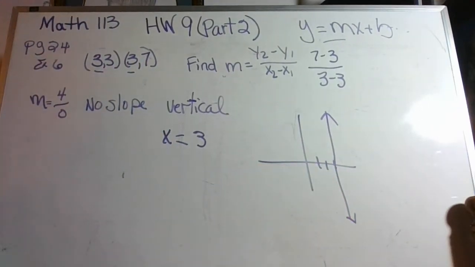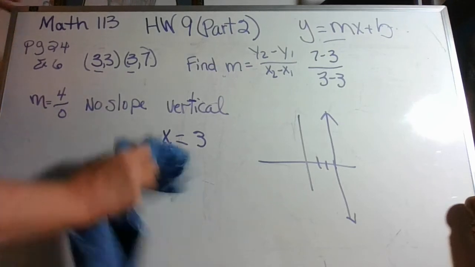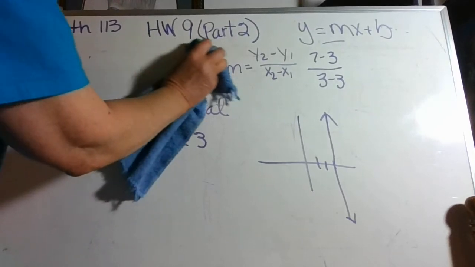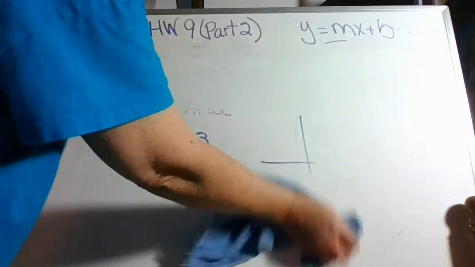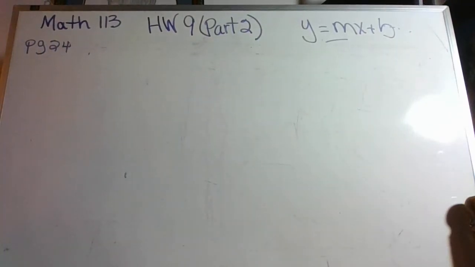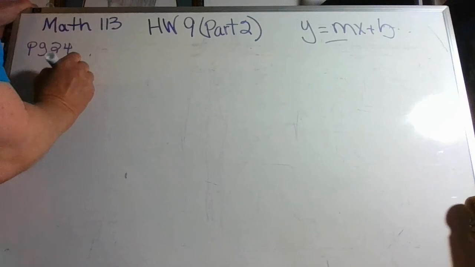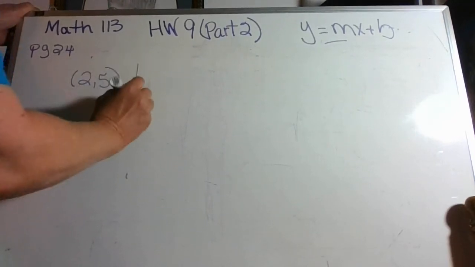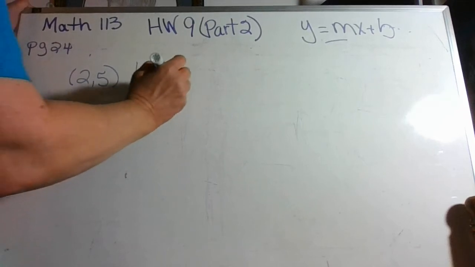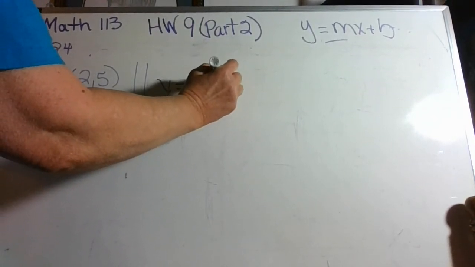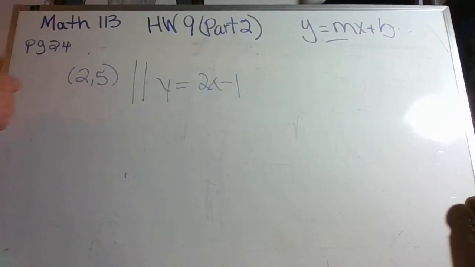On number 7, we're supposed to find an equation for the line that goes through point (2, 5) and is parallel to y equals 2x minus 1.